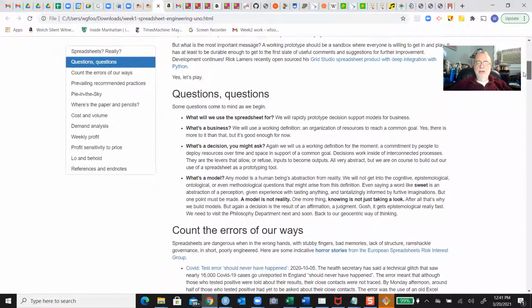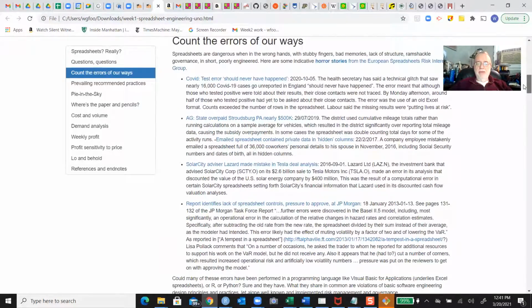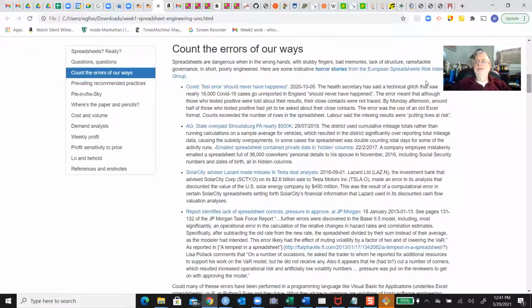Now, those are questions. Please read through and maybe visit the European Spreadsheets Risk Interest Group. There's quite a few interesting recent problems with spreadsheets. Exactly these same problems can occur in any software development environment.